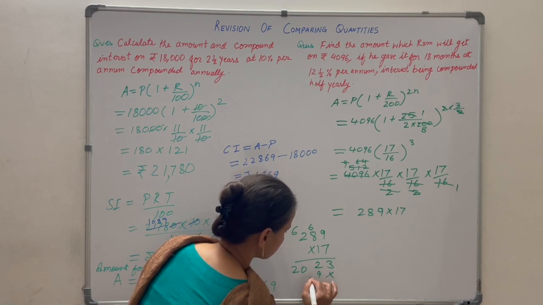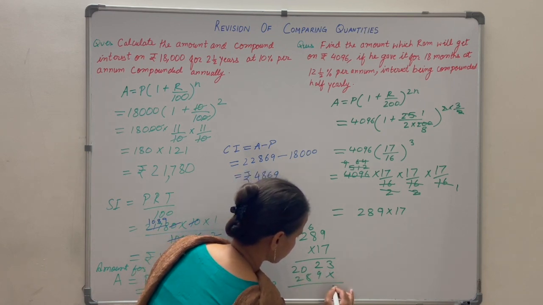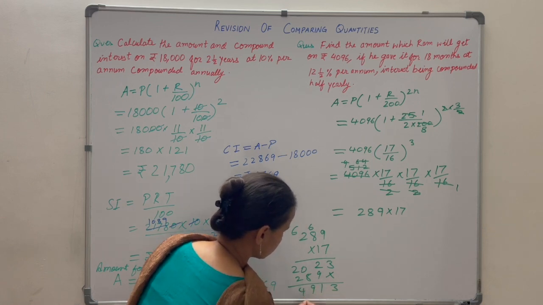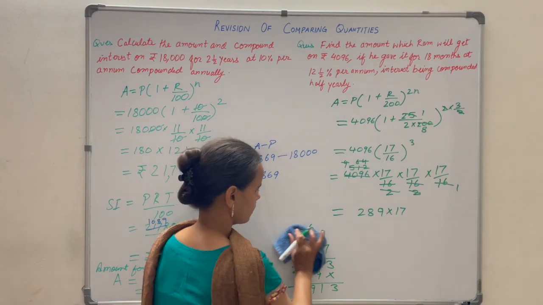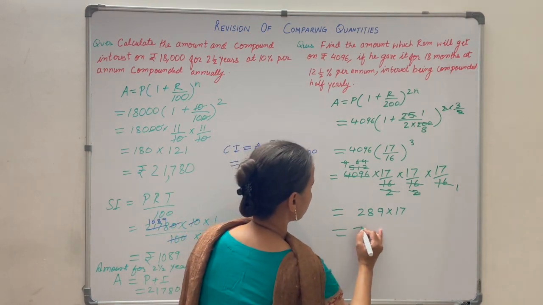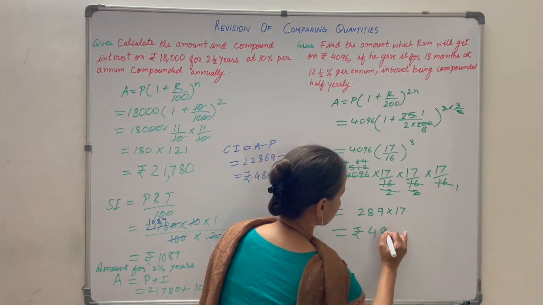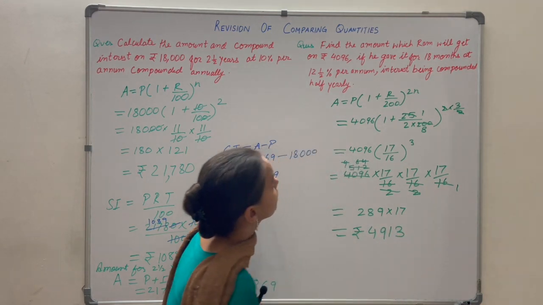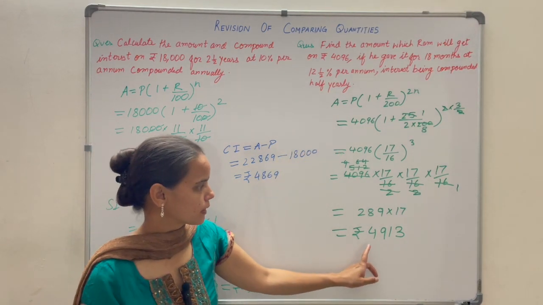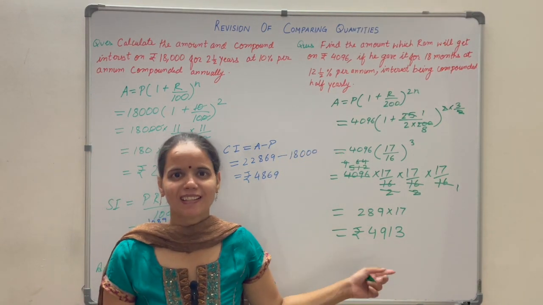Then you get 4913. So your amount is 4913. When it is being compounded half yearly, the amount calculated here is 4,913.